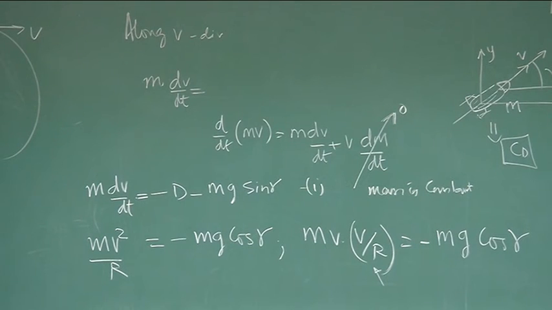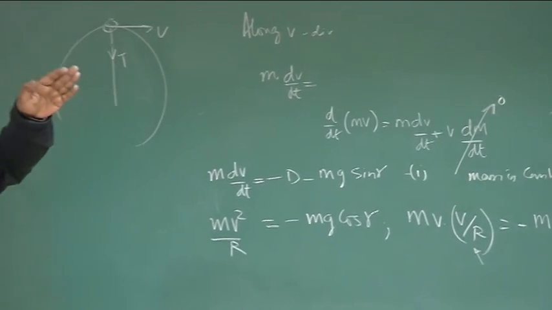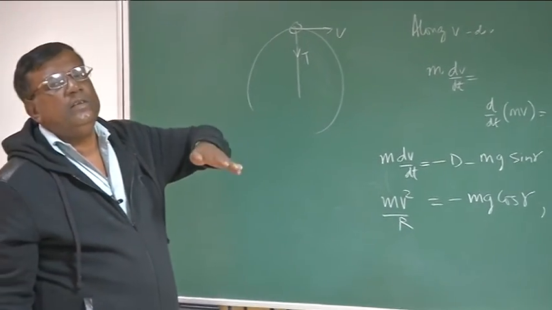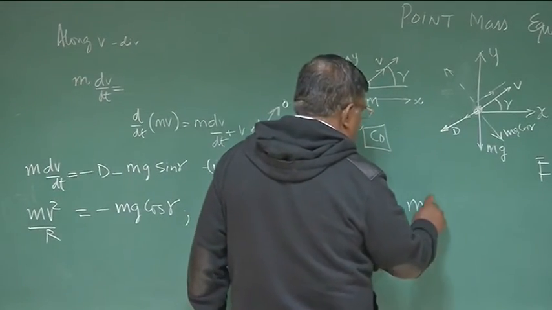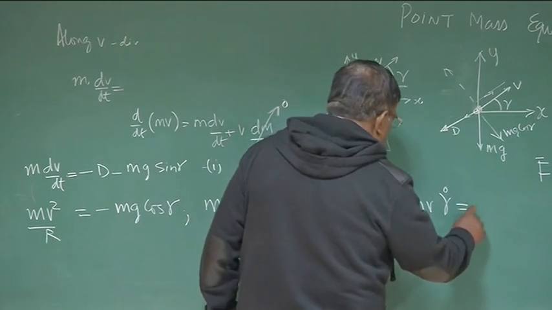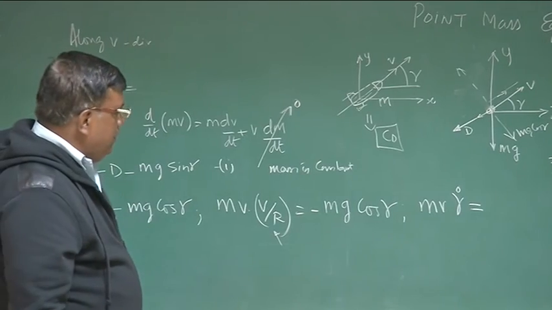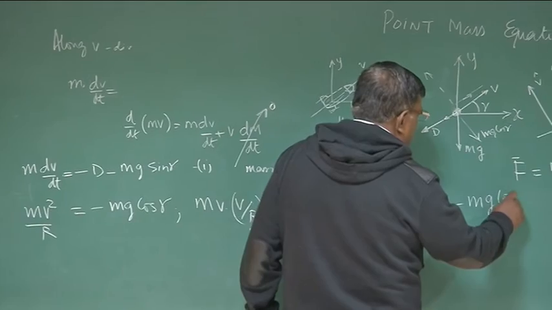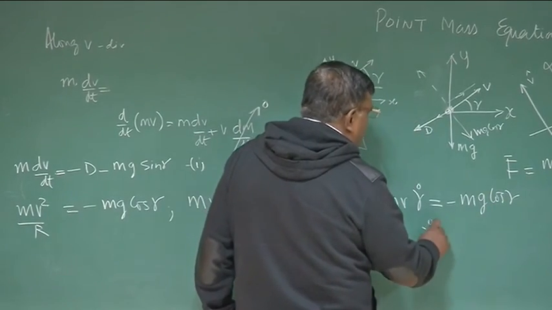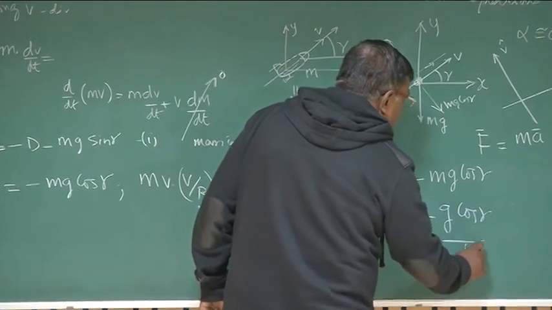And since the angle of attack is say 0, whatever rate the velocity is turning, by this assumption it is the same rate at which the axis of the projectile is also turning. So we call it now m v into gamma dot, that is the angular speed with which the velocity vector is turning, equal to minus mg cos gamma. So you get gamma dot equal to minus g cos gamma by v.